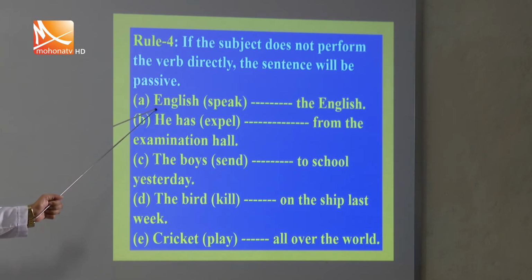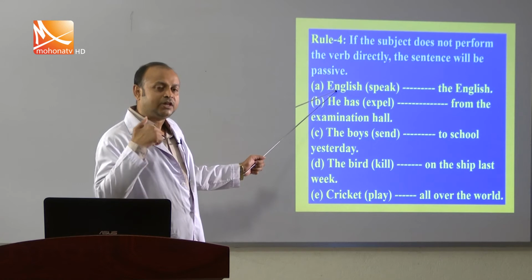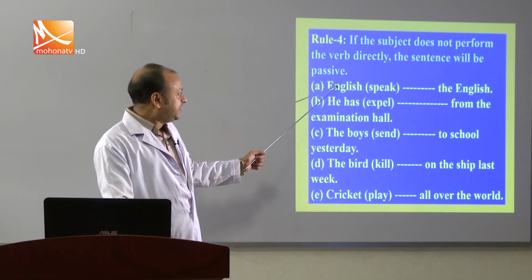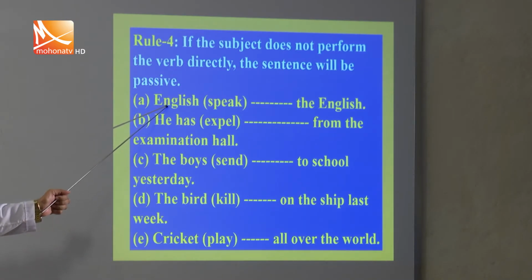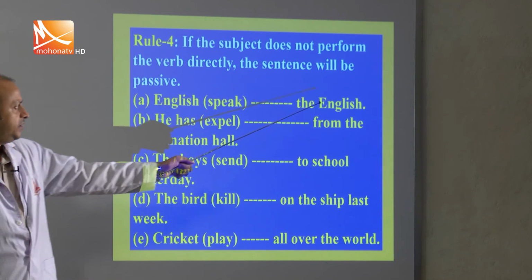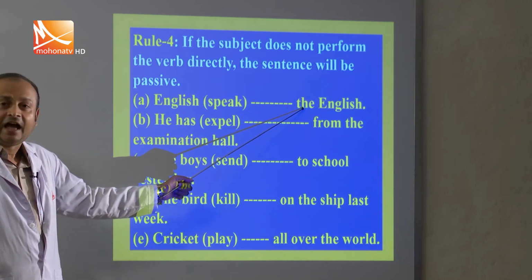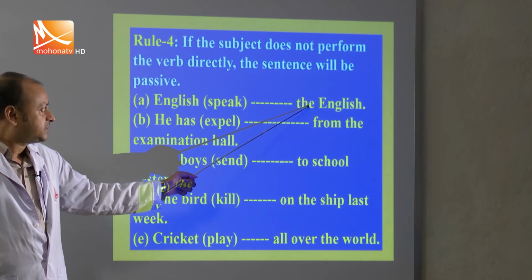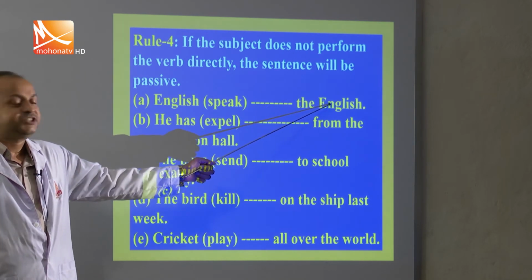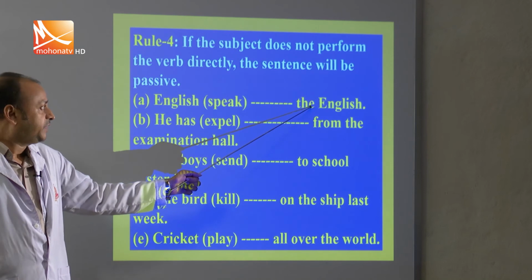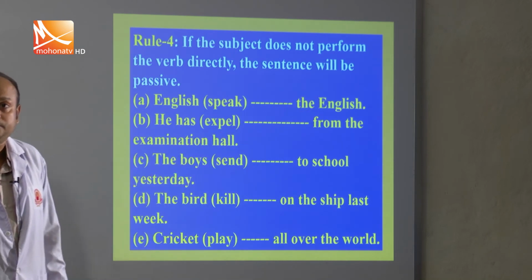So, there is a reason behind it. If the word English is used without any article, English will be known as a language. So, this English is a language, but if the word English takes the article the, this means a group of people, English speaking people, I mean the English as a nation.